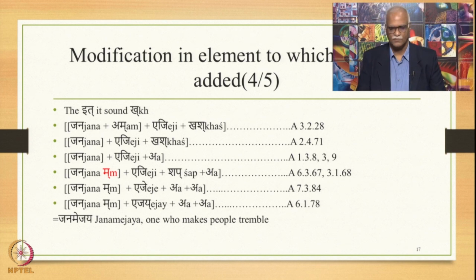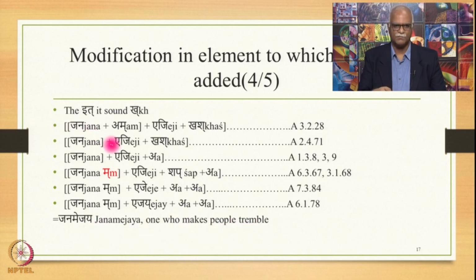Here we are dealing with the it sound kh, which is added to a suffix, and then this kh sound brings about some modification in the word to which it is added. So here we are deriving a compound which is janamejaya, which means one who makes people tremble, janamejaya, one who makes people tremble.